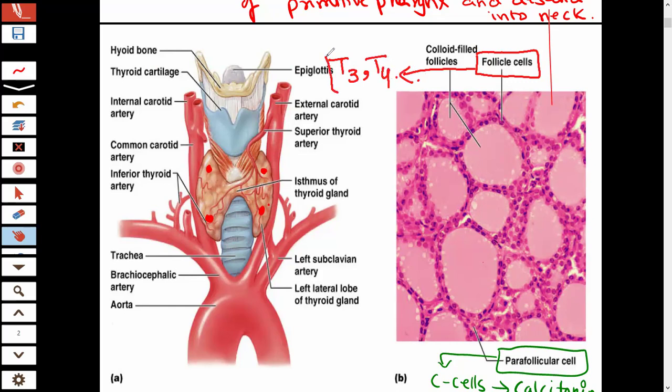So T3 and T4 hormones are going to be formed by the follicular cells, and your C cells or parafollicular cells, which are also known as C cells, what are they going to form? They are going to form calcitonin. Okay? They are going to form what? Calcitonin. Clear?